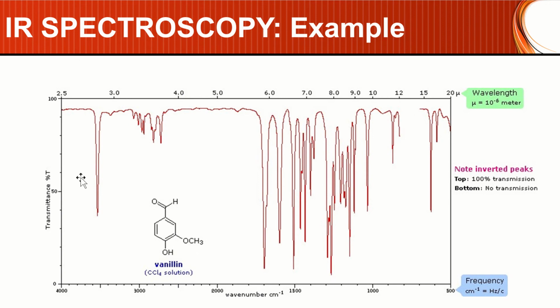Once we look at a spectrum, we don't necessarily have to know the exact wave numbers, but we need to know our functional group and know that they correlate with a particular wave number within a particular range, right? So we would want to look for a peak for the carbonyl. We might see a couple of peaks for the aromatic. We would want to look for a peak for the hydroxyl and for the methoxy here.